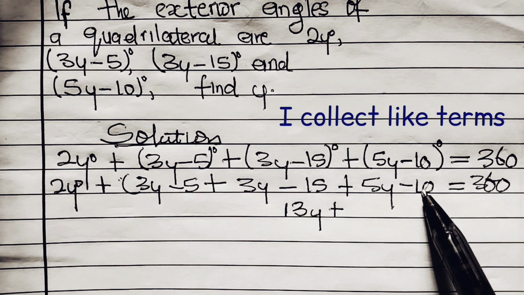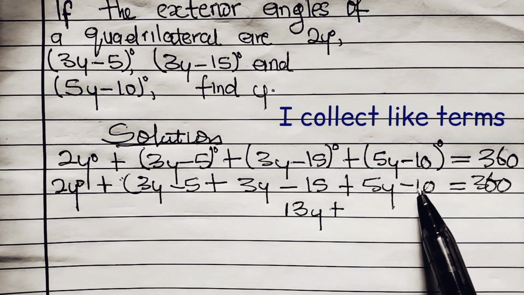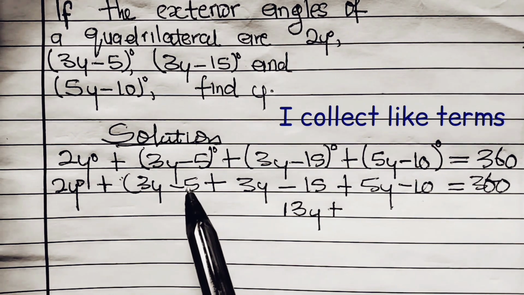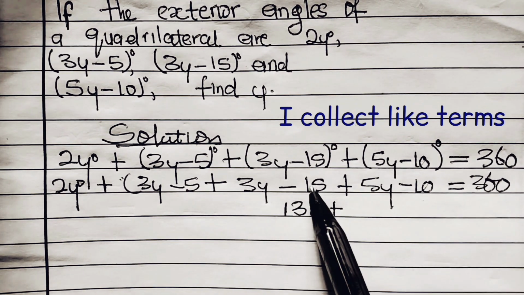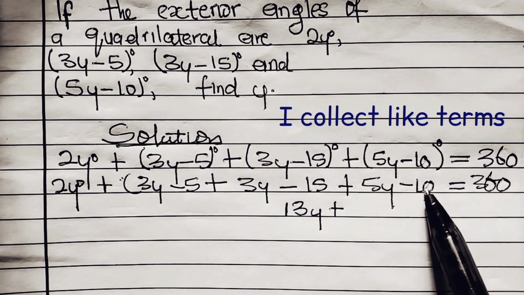It's just like adding: 5 plus 15 gives 20, plus 10 gives 30.